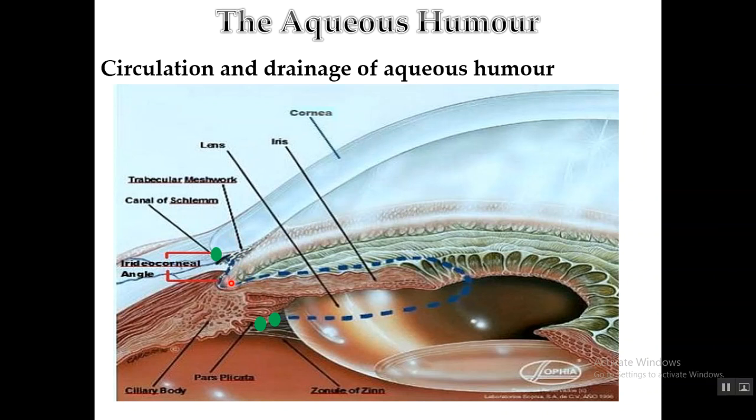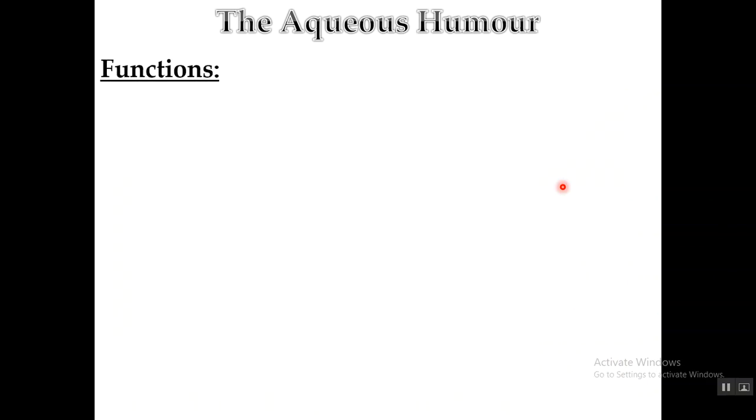From this angle it will pass to the spaces of Fontana, canal of Schlemm, and episcleral vein, and finally reach the systemic vein. So the balance between its formation and its drainage is responsible for the pressure inside your eyeball, or intraocular pressure. Okay, this is the circulation.